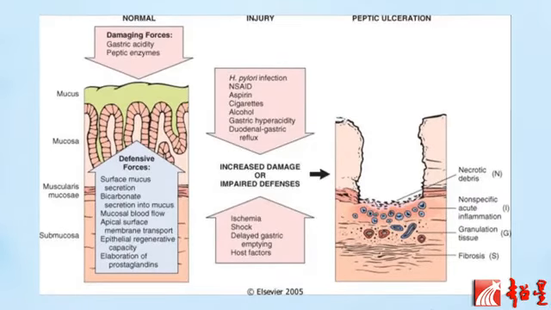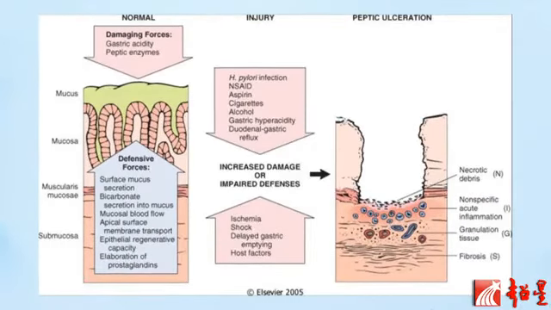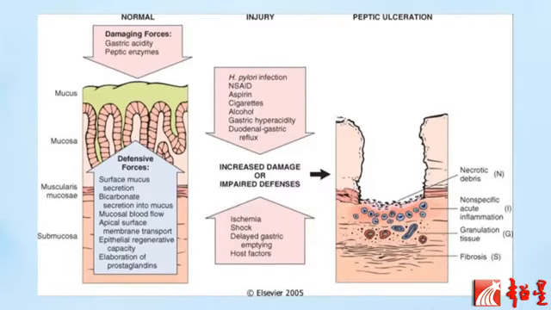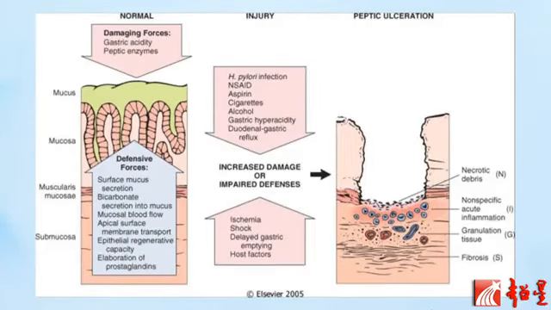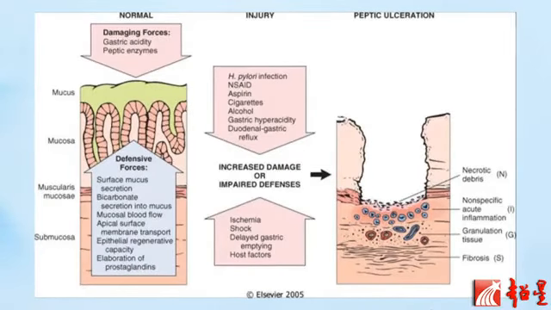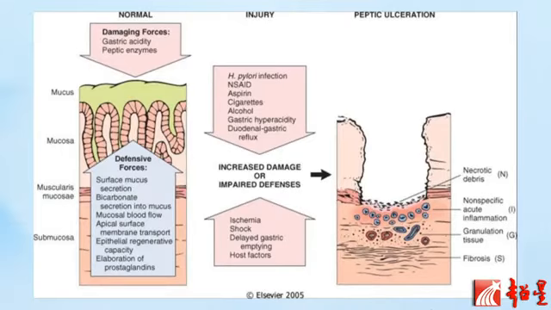And also mucosal blood flow also protects the mucosa. These are the defensive forces. On the other side, there are damaging forces, mainly gastric acid, and second, peptic enzymes.